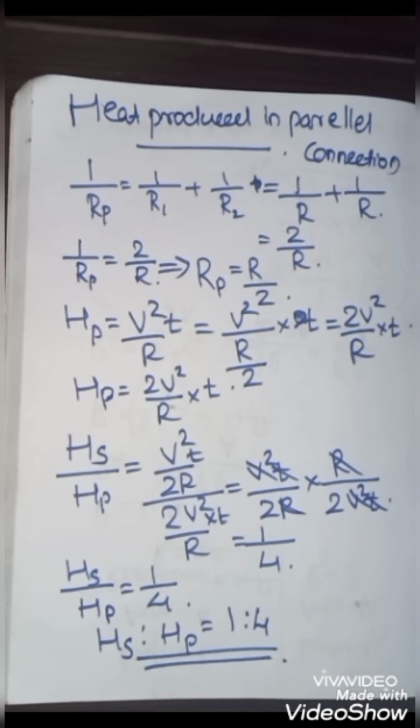Connection of resistors is of two types, series connection and parallel connection. Then the heating effect of electric current and Joule's law of heating. That's all about the chapter electricity.